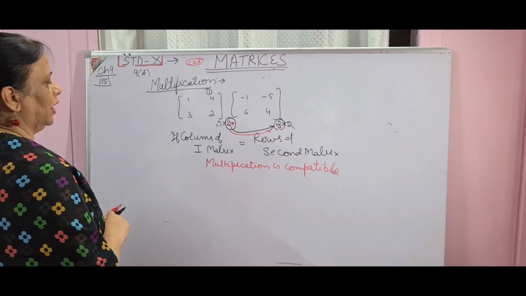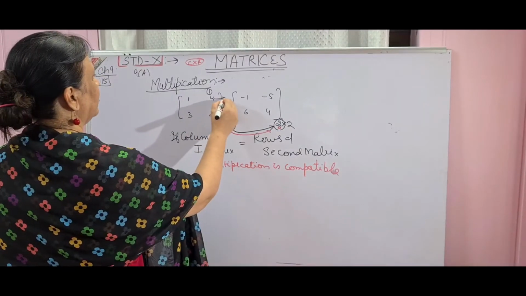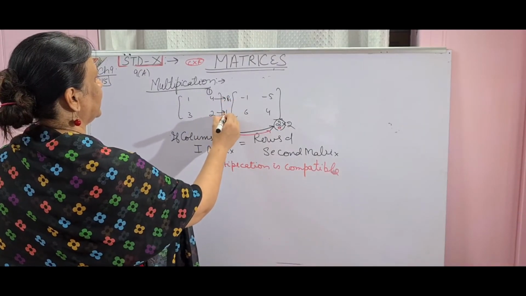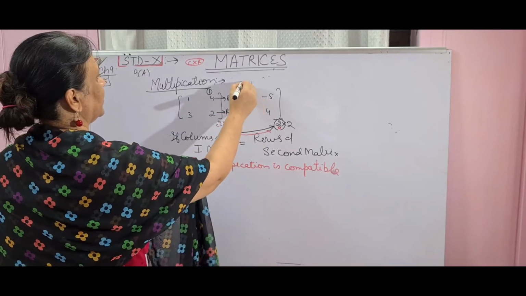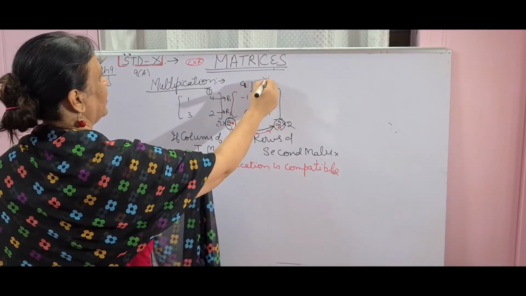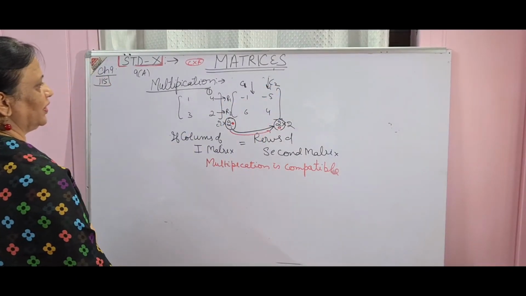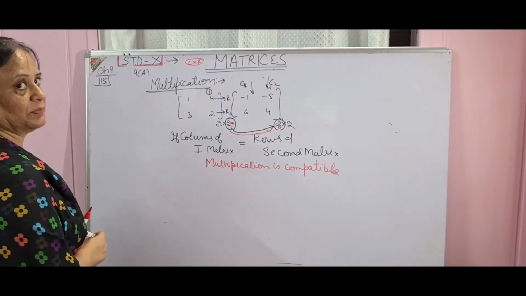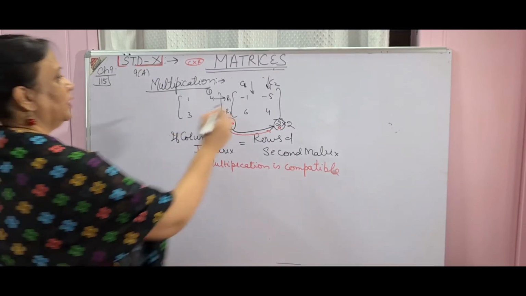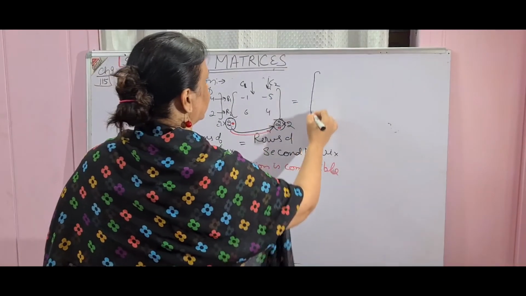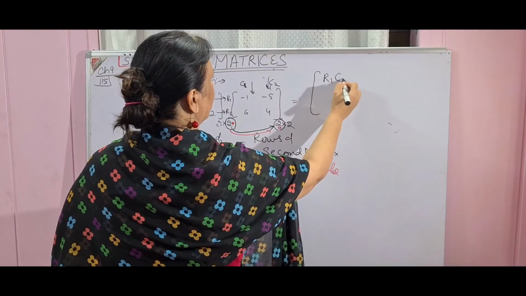First rule. Now, always take rows of the first matrix and columns of the second matrix. Column 1, column 2. Just remember what I have written. Rows of the first matrix to be considered, columns of the second matrix to be considered. How? I am giving you the formula here. See, row 1, column 1.